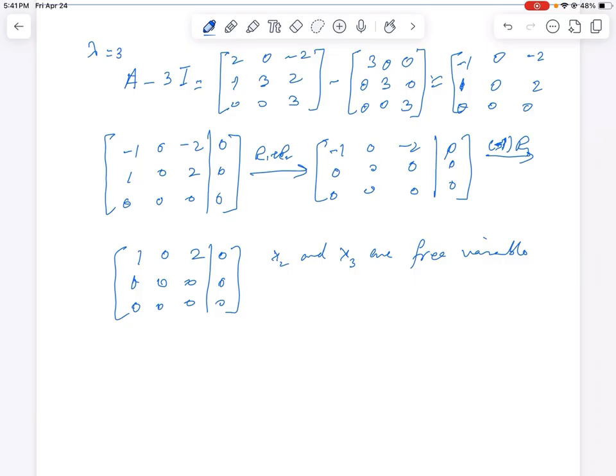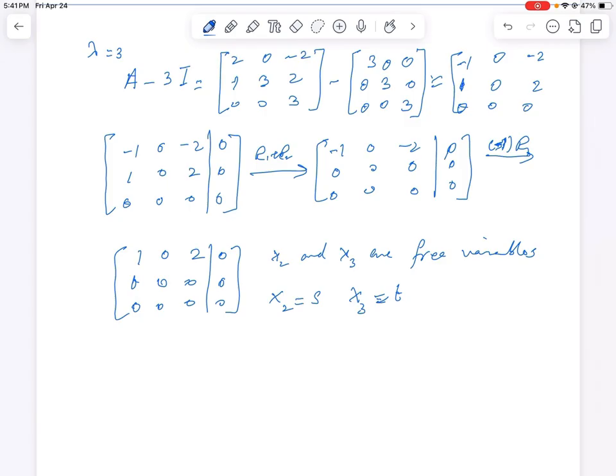So I will at this moment let x2 equal s and x3 equal t. It doesn't matter, you can call them either way.